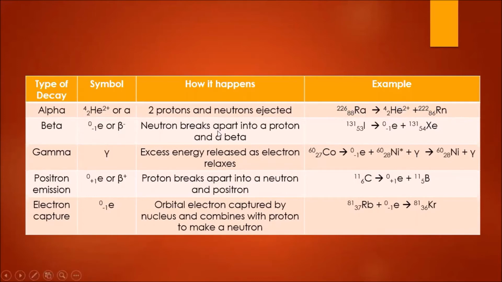Now a beta, we're kicking out an electron, but this electron is not coming from the electron cloud. This electron is actually coming from the nucleus. So how do we generate an electron from the nucleus? Well, a neutron could be thought of as a proton plus an electron.